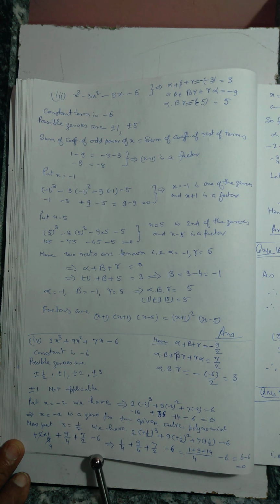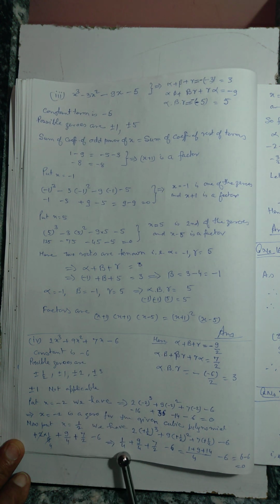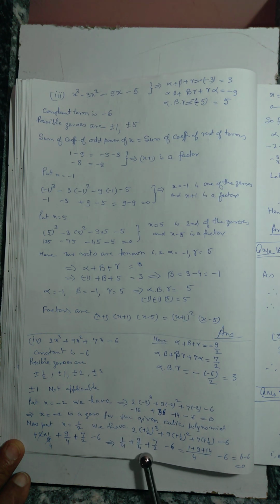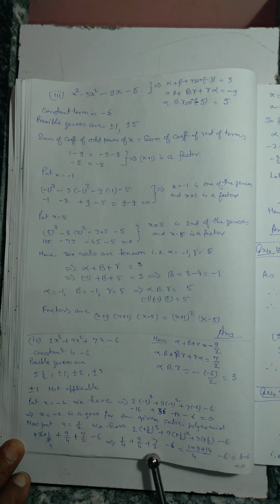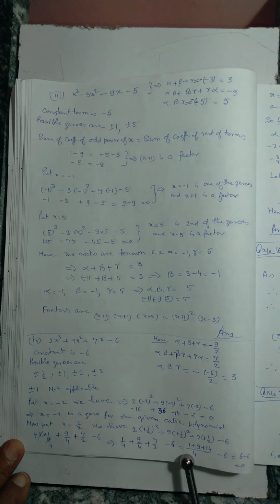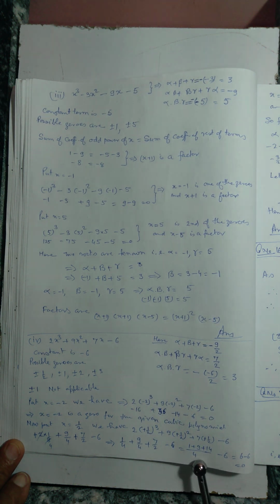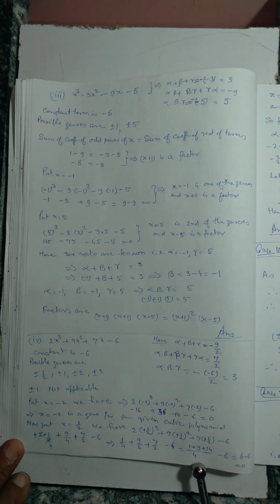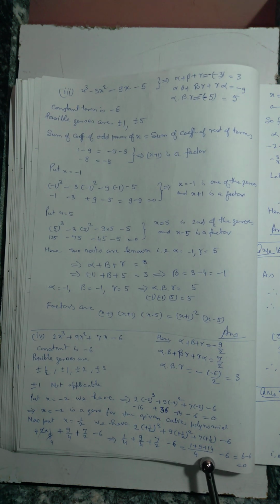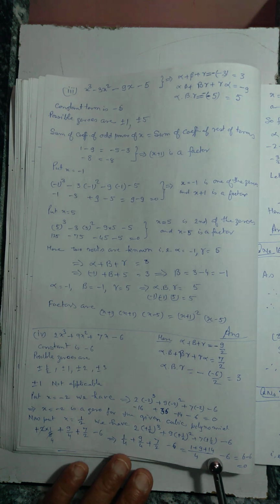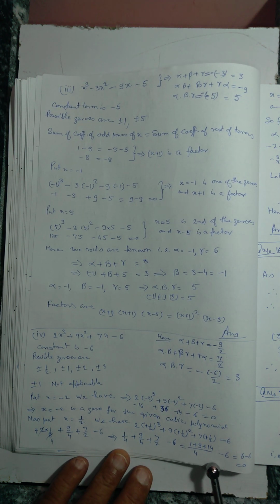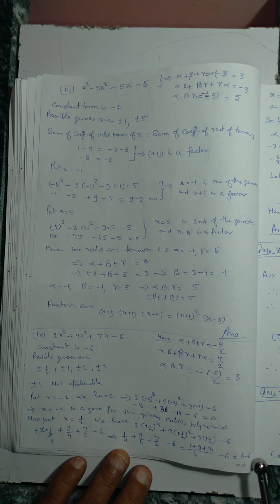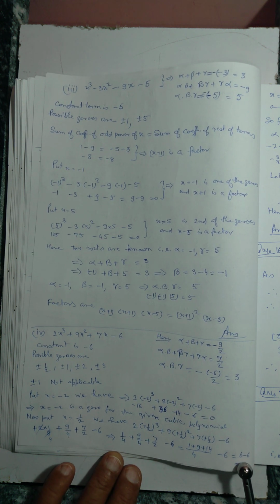Here you will get 7 by 2 minus 6. Now 1 by 4 plus 9 by 4 plus 7 by 2 and minus 6. You just take the LCM 4 for the fractional part: 1 plus 9 plus 14, you see, it will be equal to 24. 24 divided by 4, that will be 6. So 6 minus 6 equal to 0.